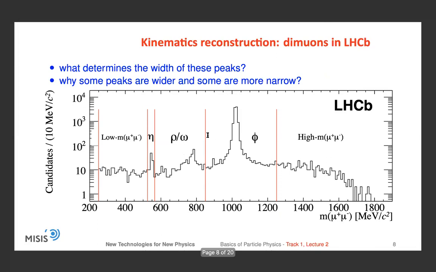Okay, and then the question is why some peaks are wider and some are narrower. For this, I'll ask you to try the exercise in the interactive session. The first question is: what is the rho zero particle width in MeV?